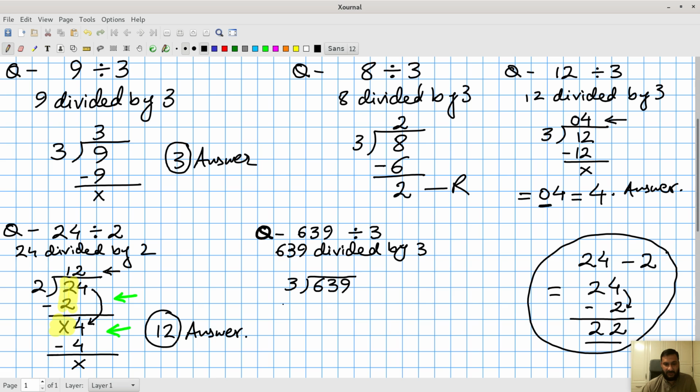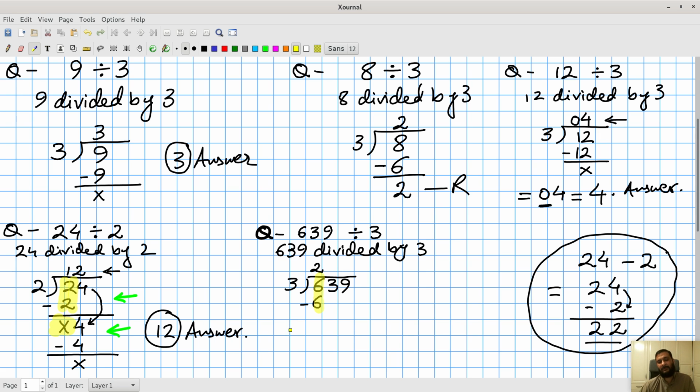So now the only task left for us is to find what multiplier gives us 6 in 3's table. So we check 3 1s are 3, 3 2s are 6. Very good. So 3 2s are 6. Remember this 6. So what we are doing is we are just going to subtract these two numbers here.